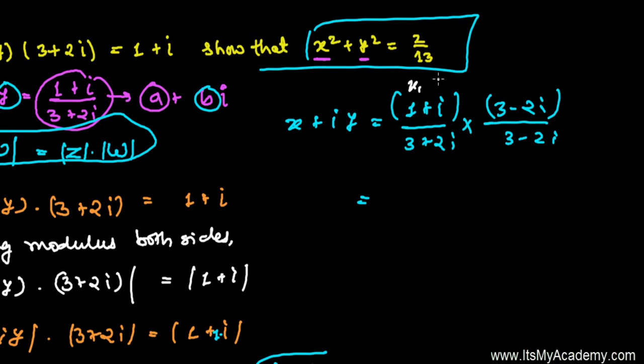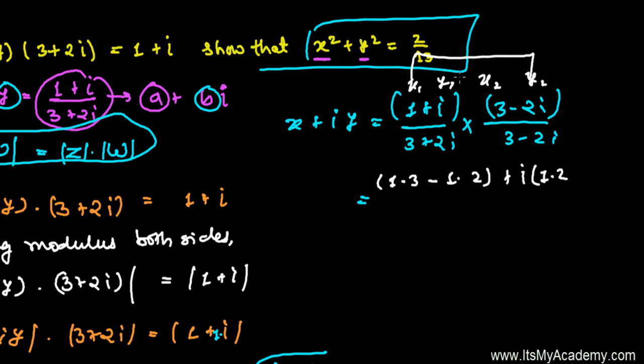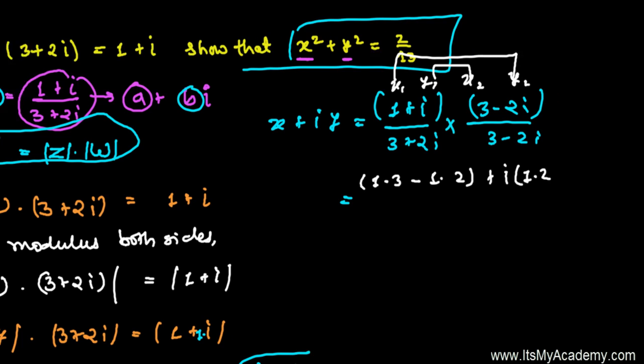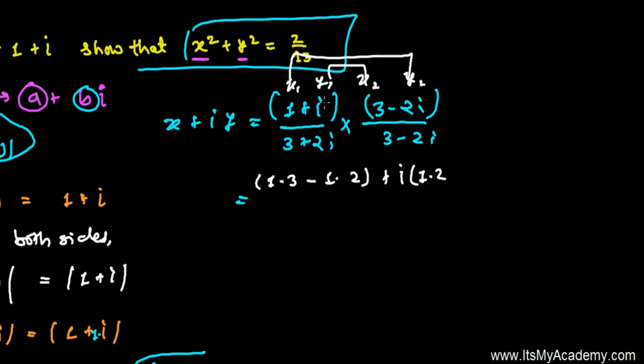You can imagine this as x1, y1 and this as x2, y2, and we know the formula: x1 x2 minus y1 y2 plus i times (x1 y2 plus x2 y1). So it's x1 x2, that is 1 times 3, minus y1 y2, that is 1 times 2, and then plus i times (x1 y2, that is 1 times 2, plus x2 y1, that is 1 times 3).